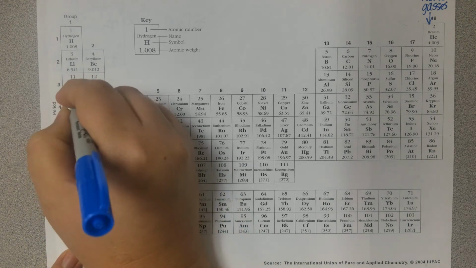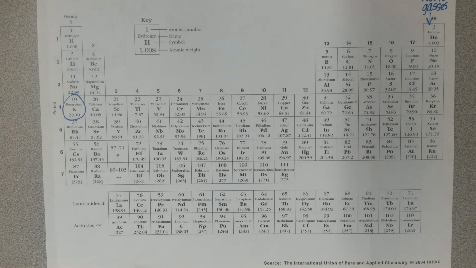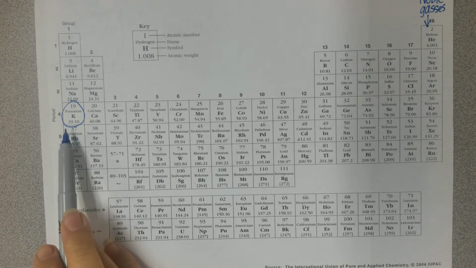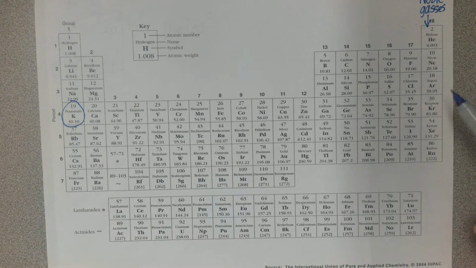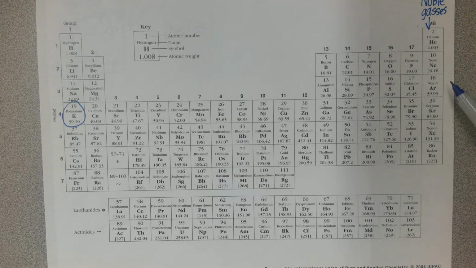So potassium's right here. It has 19 electrons, and so what we want to do is we want to represent as many of those 19 electrons as we can by using a noble gas. And so we always want to use the noble gas that precedes that element or comes right before it.